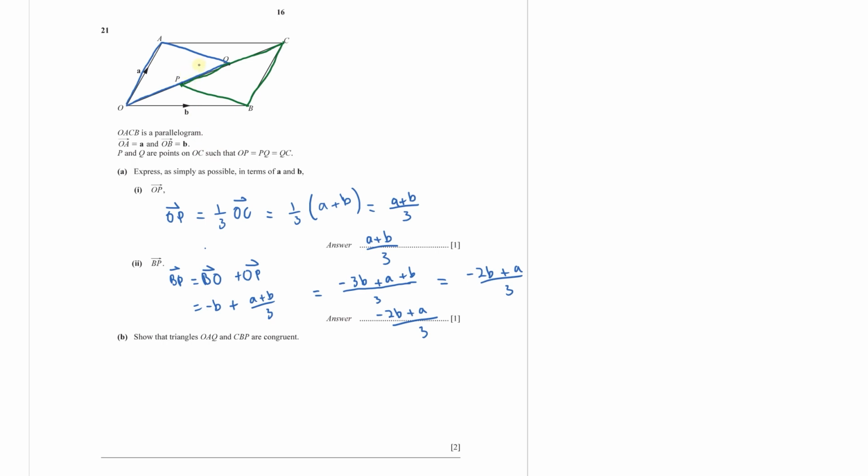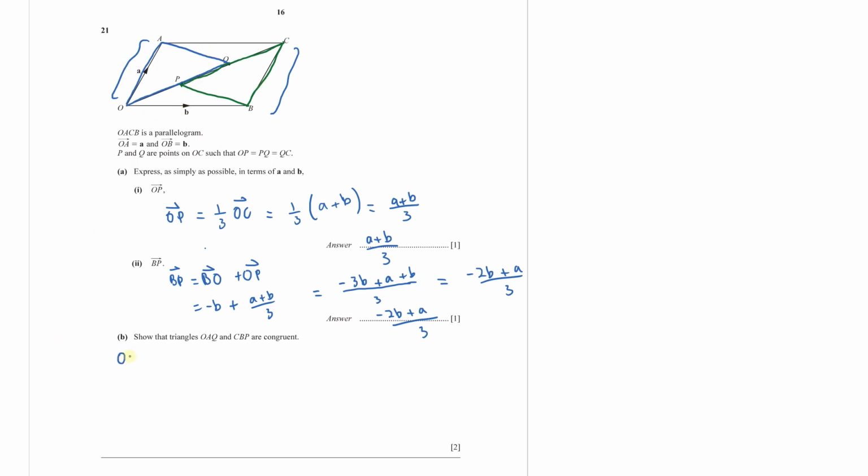So if we look at this shape right off the bat, we can see that this length here and this length here are equal, because this is a parallelogram. So these two sides, opposite sides of a parallelogram, are equal.